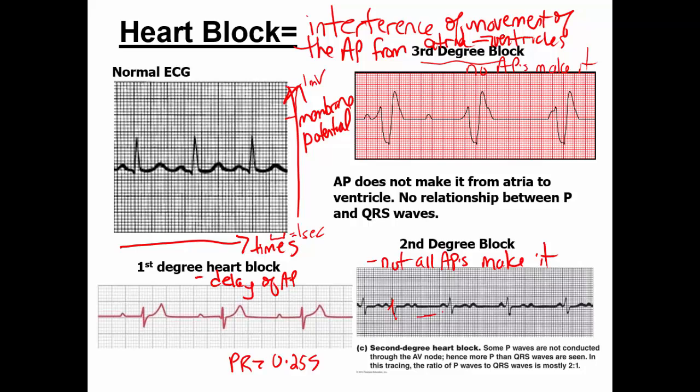But then the action potential never gets to the ventricle. But you remember that the ventricle has its own autorhythmic cells that depolarize about 30 times per minute. So they produce their own action potential, but it's not in sync with the atria at all. And this is quite serious, usually resulting in death.